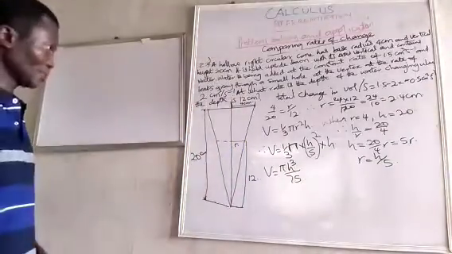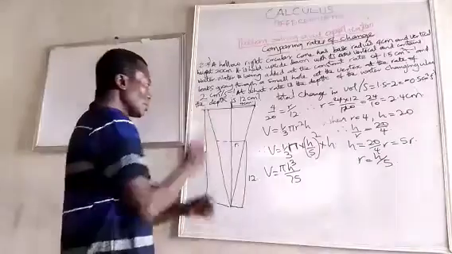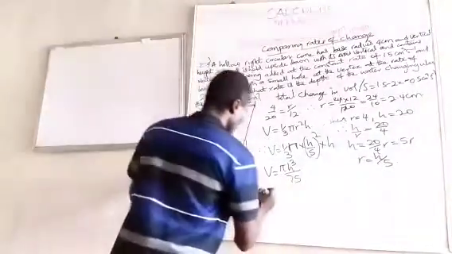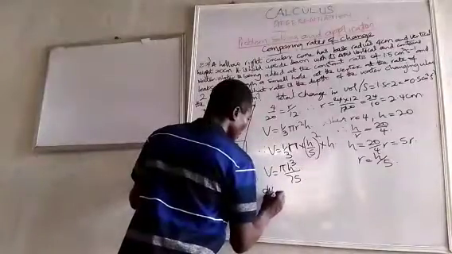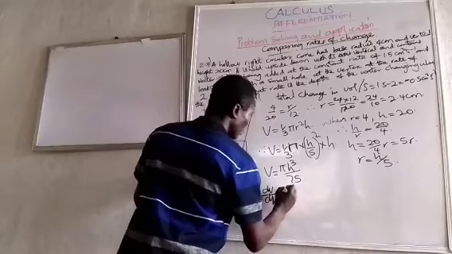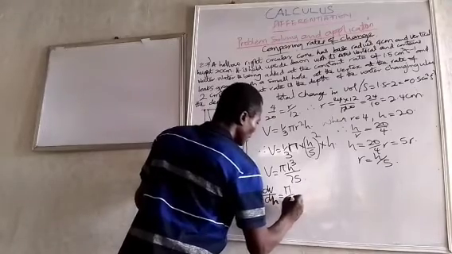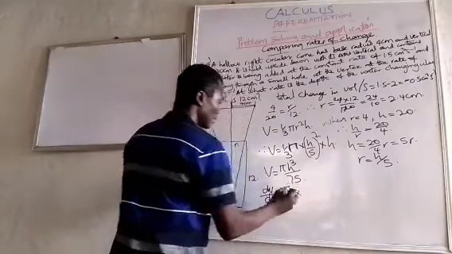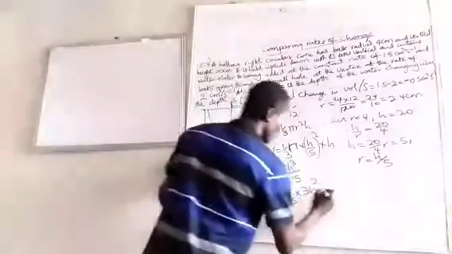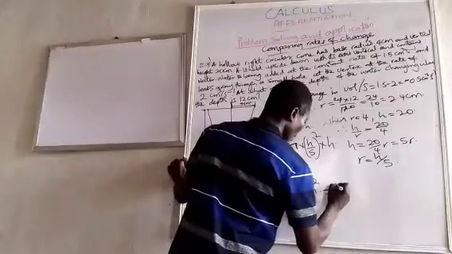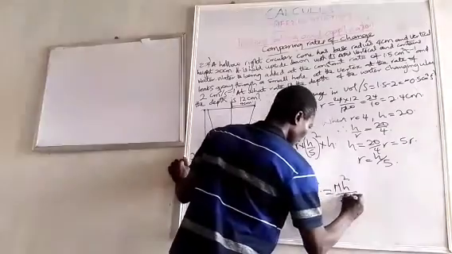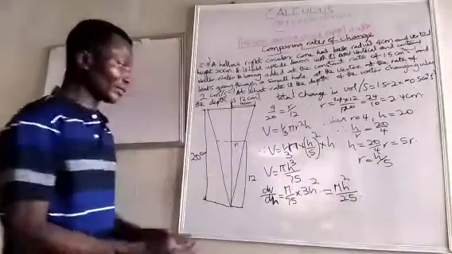You can see now. Let's now work out dv/dh. dv/dh is equal to pi over 75 times 3h squared, which will be equal to pi h squared over 25. You can see now.